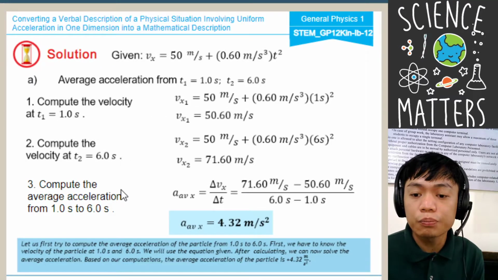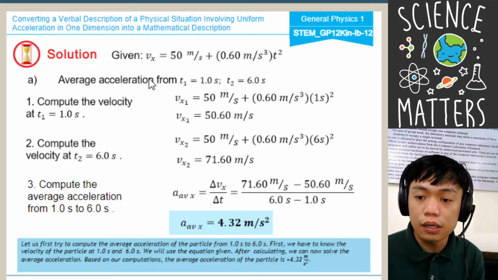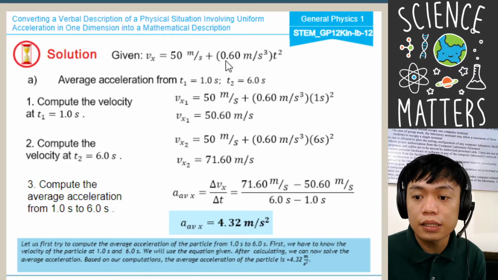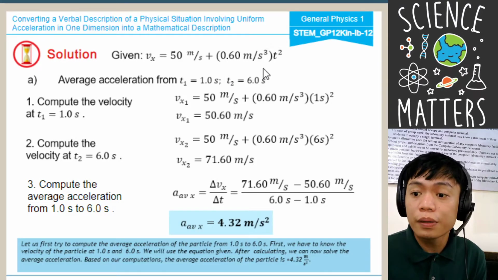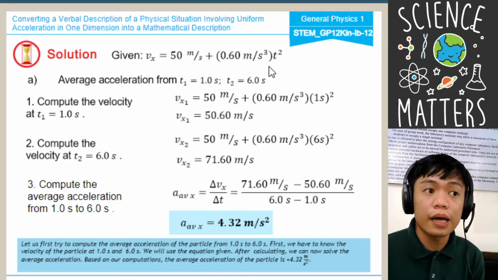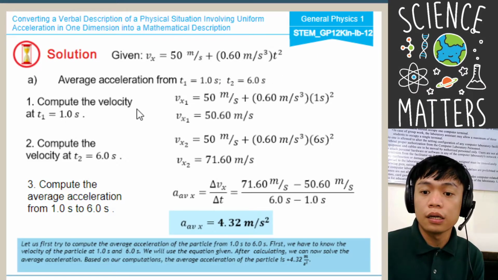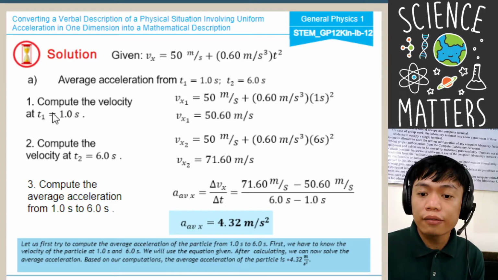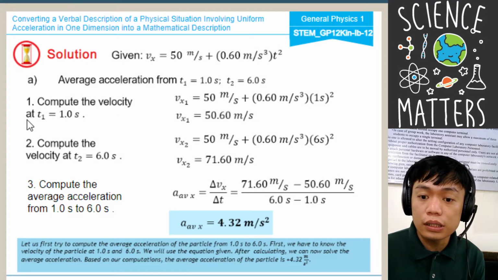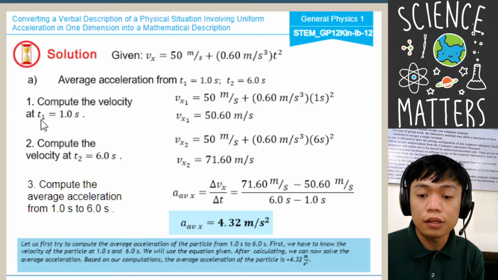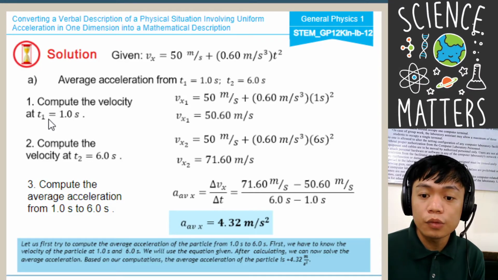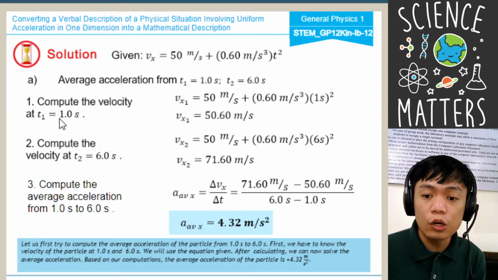For the first part, the average acceleration, the given values are 50 meter per second plus 0.60 meter per cubic second multiplied by time squared. The first thing to do is to compute the velocity at t1, which is 1 second.